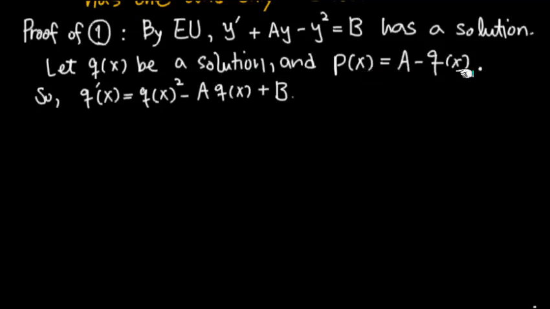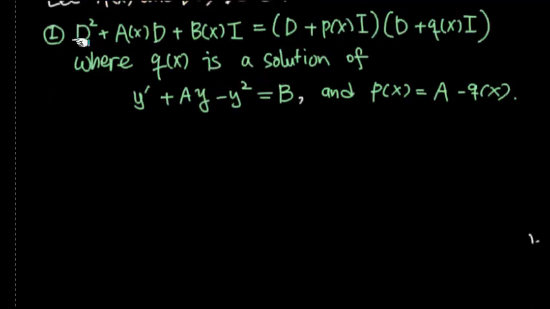So what we have to show is that with this p(x) and with this solution q(x), those two operators are equal to each other. Here I'm showing you the operators again. We wrote down what this p(x) and q(x) are, and we show that if you expand this one, you get this quadratic operator, where a(x) and b(x) are given.